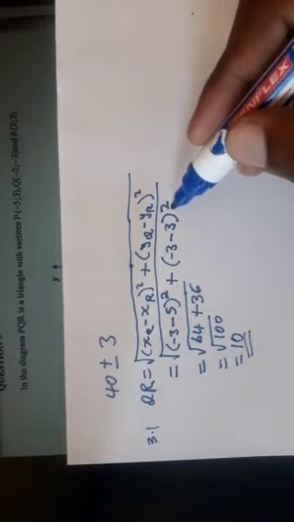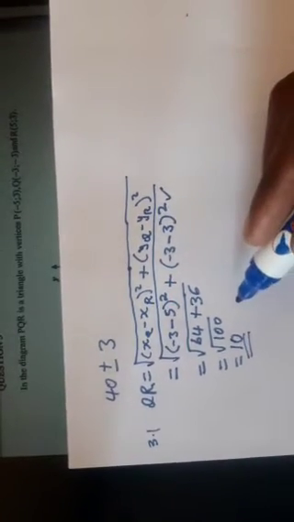Now 36 plus 64 is 100, so we have the square root of 100. That is 10 squared, so the square root gives 10. You can write 10 units. That is the answer: 1 mark for the substitution, and 1 mark for the answer.